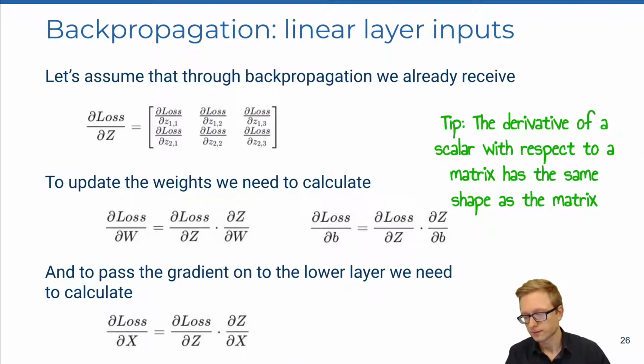Now, first of all, let's assume that we already get the partial derivative of the loss with respect to this output Z. So we get it from somewhere else, from an upper layer. The shape of that partial derivative looks like this. First thing you can see is that it has the same general shape as Z itself.